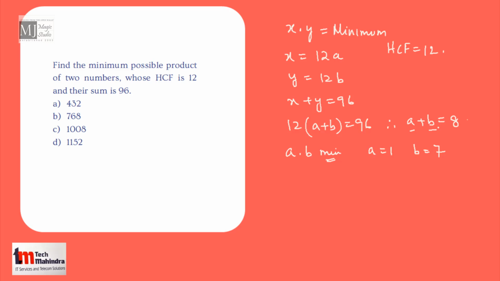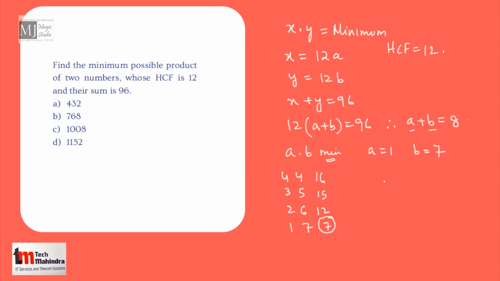If a is 4 and b is 4, the product would be 16. If I take 3, 5, the product is 15. If I take 2, 6, the product is 12. If I take 1, 7, the product is 7. I'm looking out for the minimum product, so that is only possible when a and b are farthest apart.